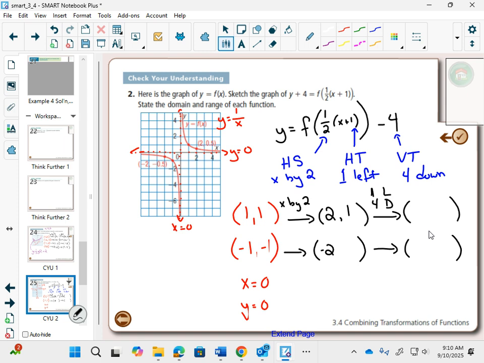My y's are staying the same. 1 to the left will make this 1 and -3. And 4 down will make this -3 and -5. So I'm going to sketch a new graph here by itself.